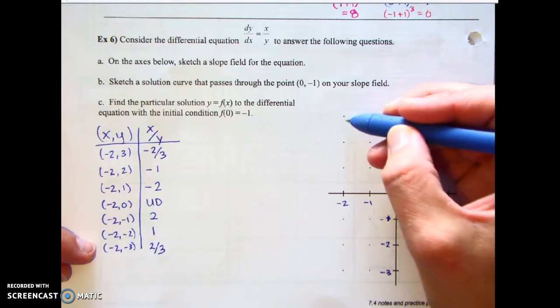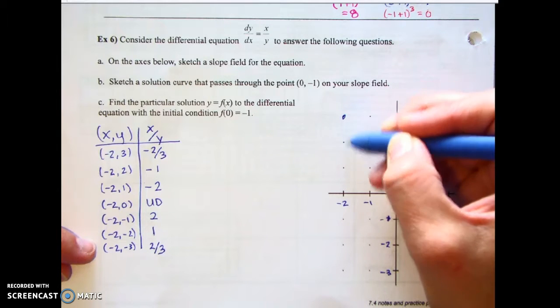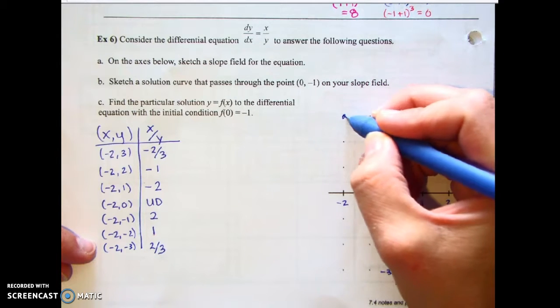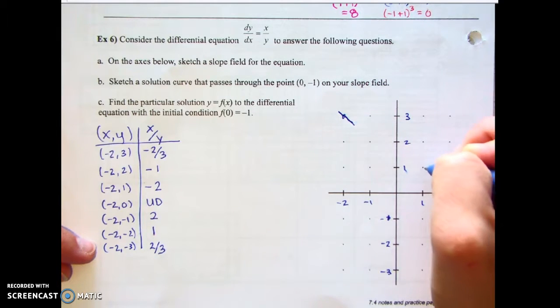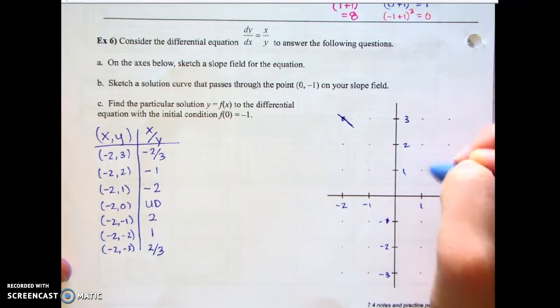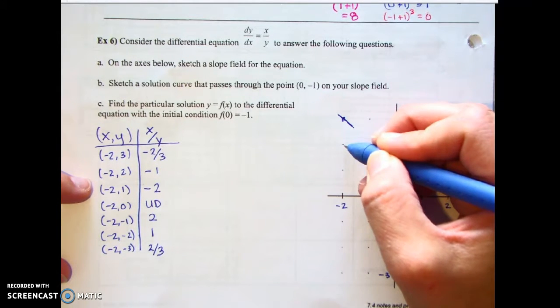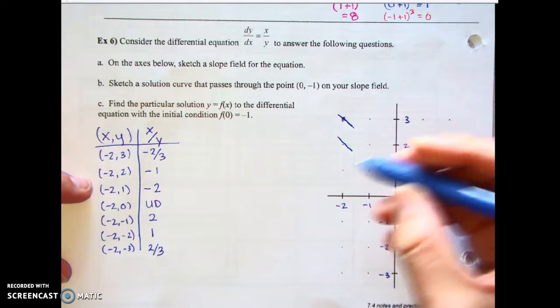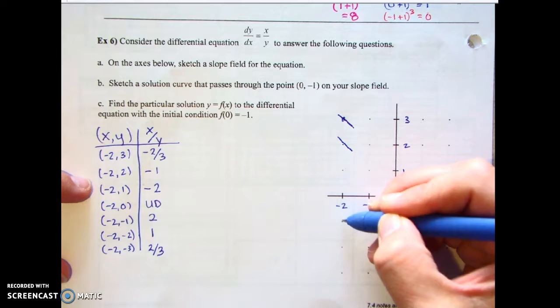I'm going to go over here and draw them. So the first point goes down 2 and to the right 1, 2, 3. So it needs to be drawn in this direction, pointing towards this point. The next point is -1, so that needs to be just the 45-degree angle here. -2 would be down 2 over 1.